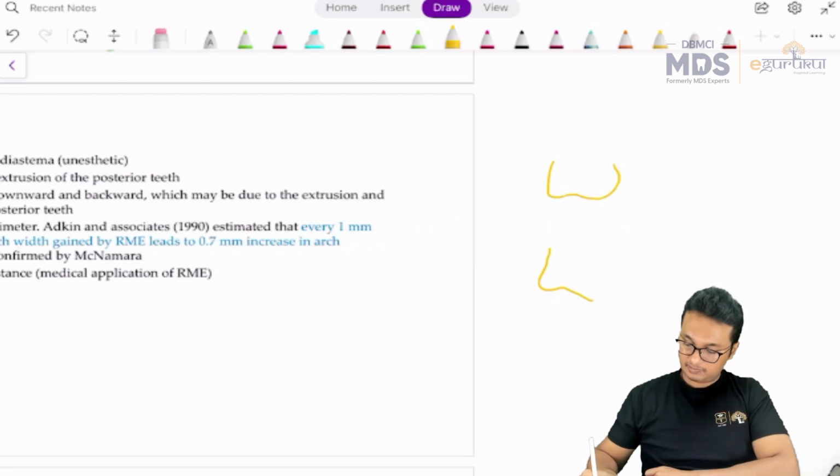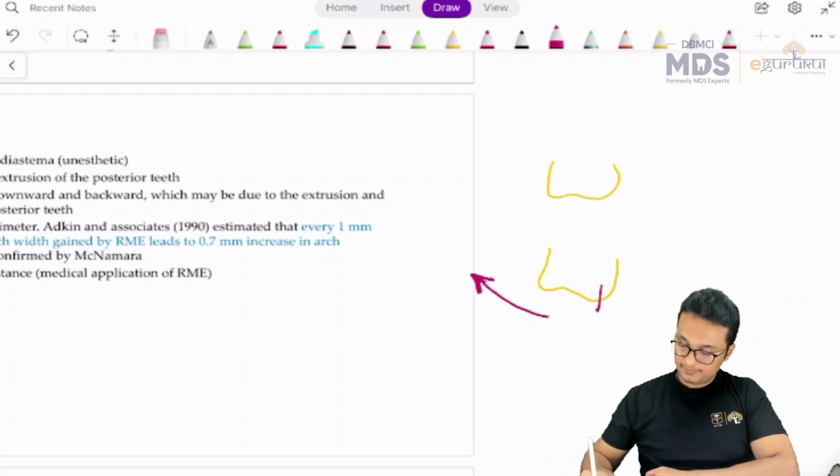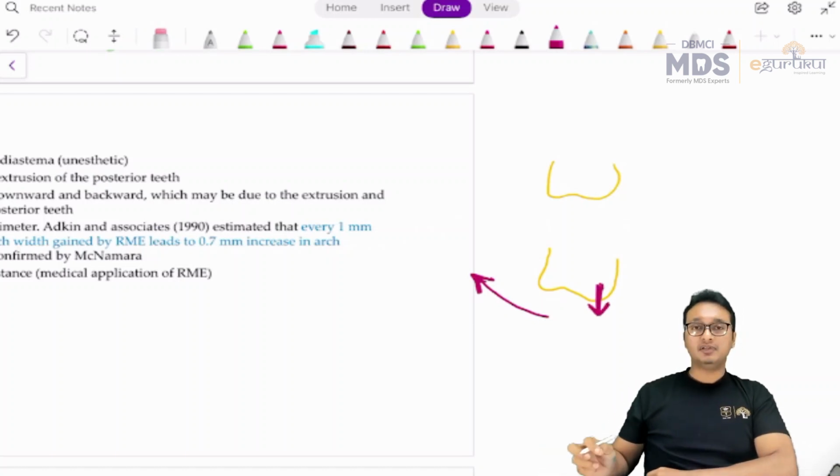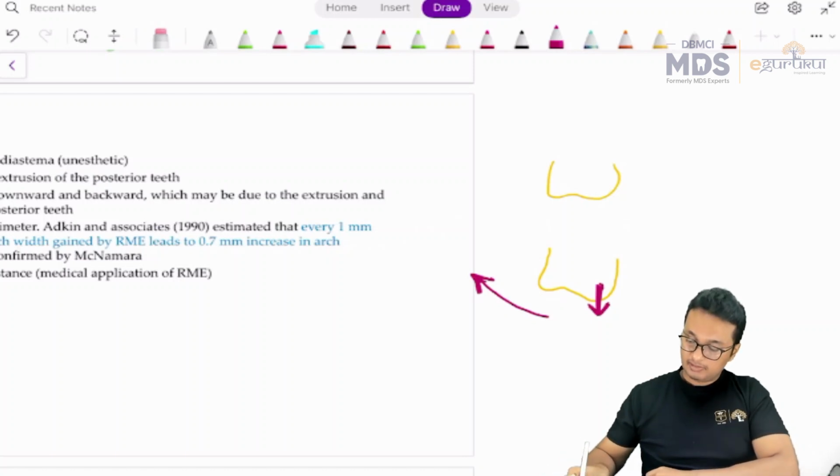Whenever the expansion is taking place, there is buccal inclination of the crowns of the molars. So that leads to lower down tipping of the mesiopalatal cusp of the molars, right? So because of this, there is a wedging effect.